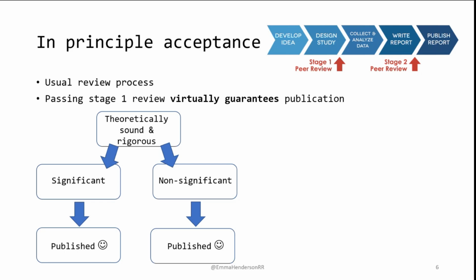And we have agreed that you've asked this question in a rigorous way, and you've designed a study that can answer this question. So whether your results are significant or non-significant or some other equivalent of those, either way, your study will then be published.